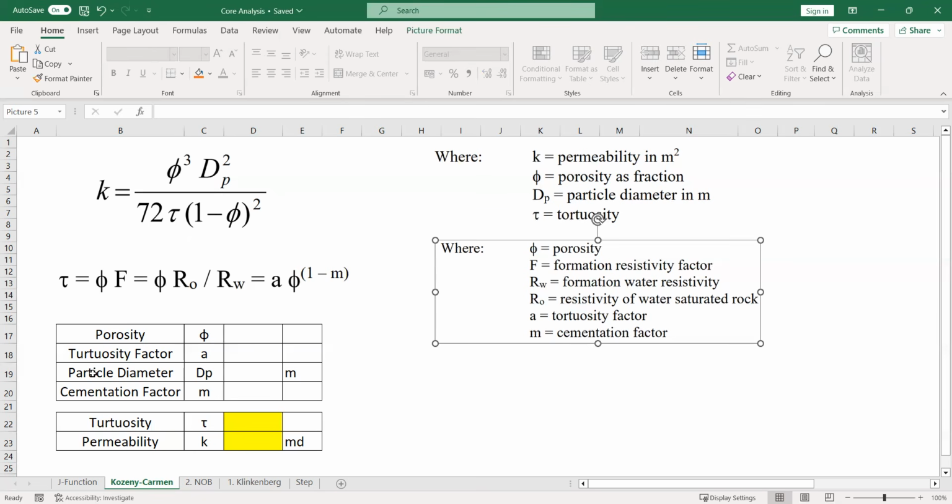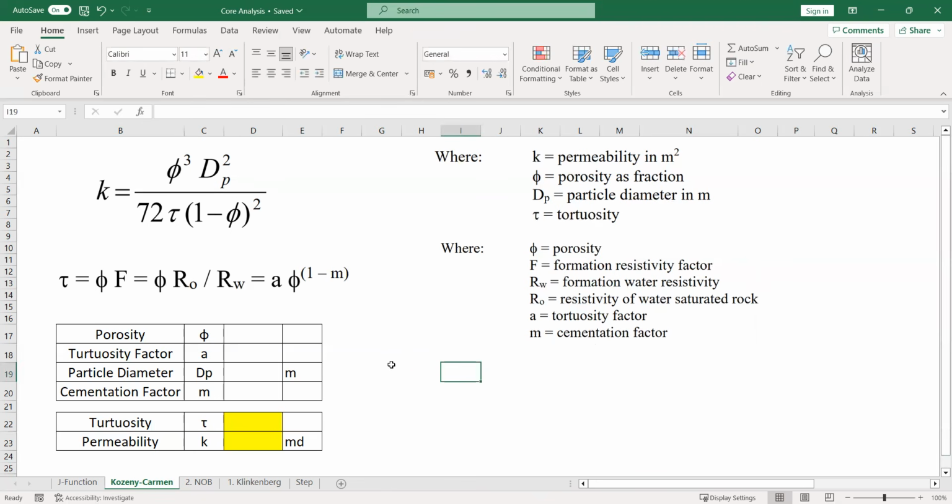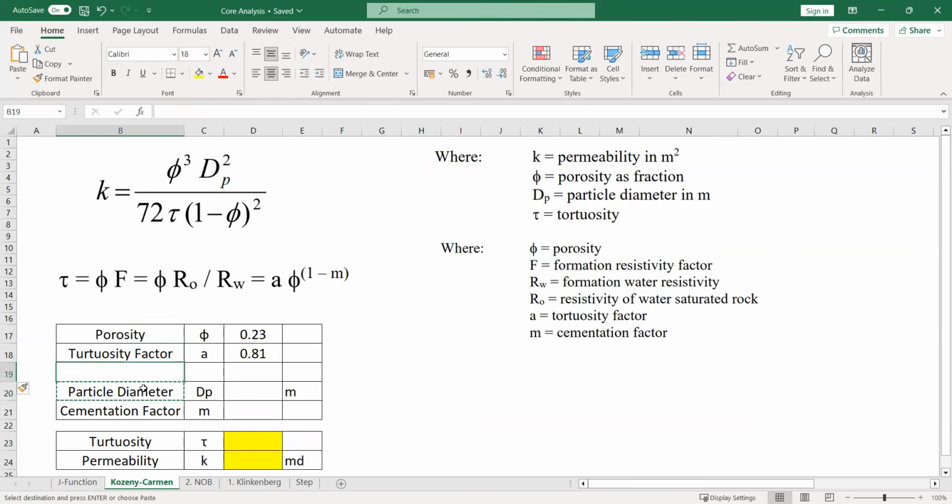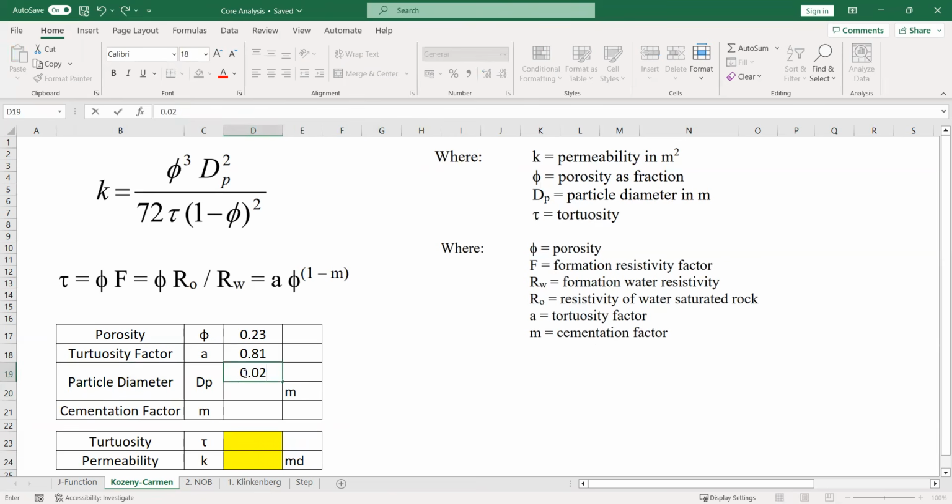So we are going to do an exercise about this, and it's going to be very short and simple. So let's say we have a porosity of 0.23, and then let's say the tortuosity factor is 0.81, and then the particle diameter, let's say 0.02 millimeter, for example.